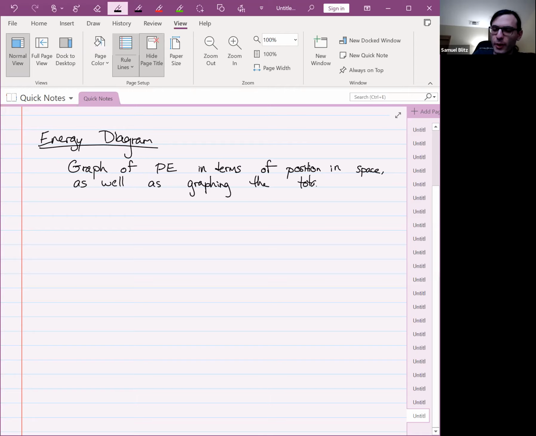The reason why we have to do this is because if we just graph the potential energy function, then that wouldn't be specific to any one system, because the potential energy function for a rock that's 10 miles up is the same as the potential energy function for a rock that's thrown sideways, right? So we need to add more information that specifies the system. In particular, we need to add information about the total energy of the system.